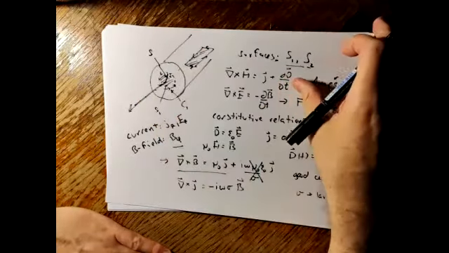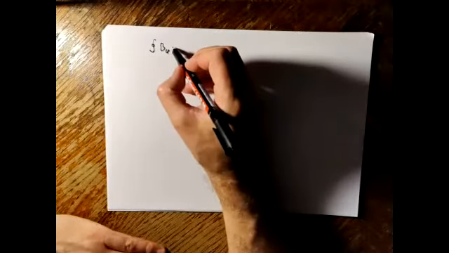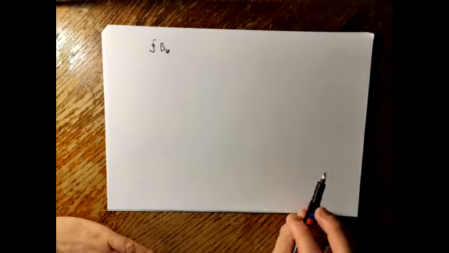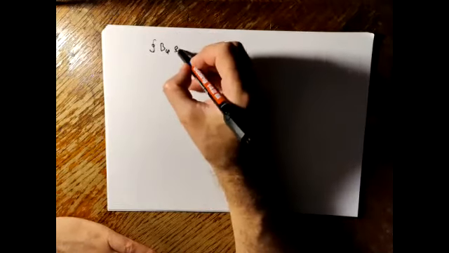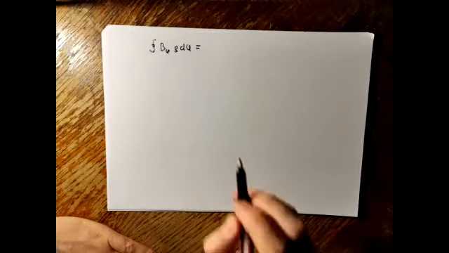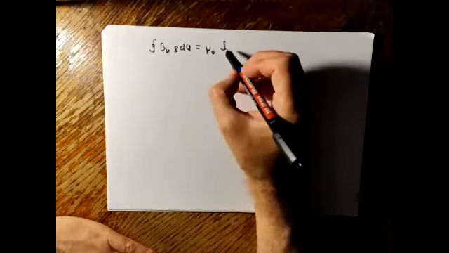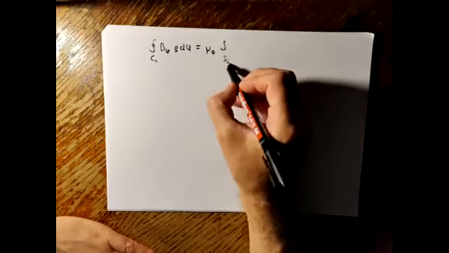For now I'm just going to integrate. If I do this line integral, I'm just going to have rho times d phi on that side, and then I need mu 0 times the surface integral.